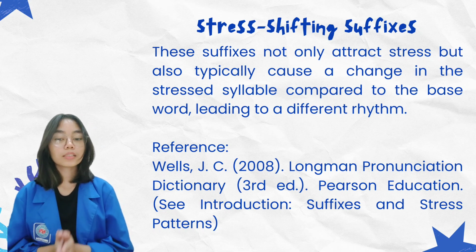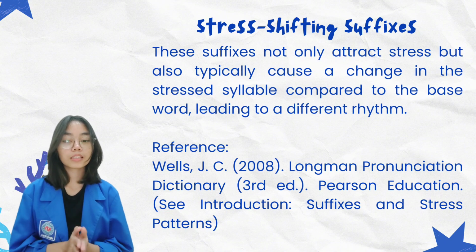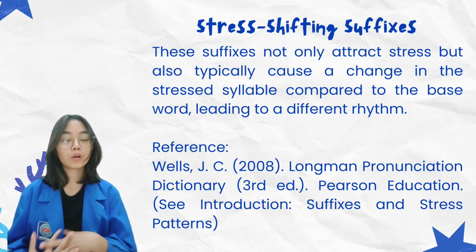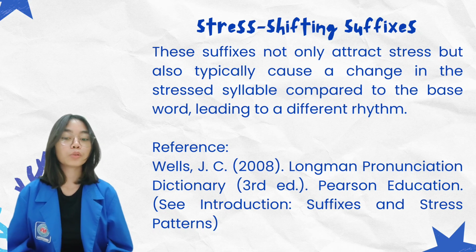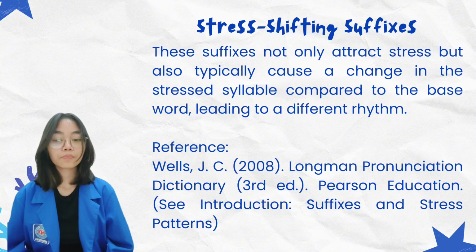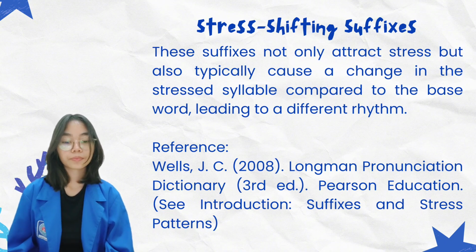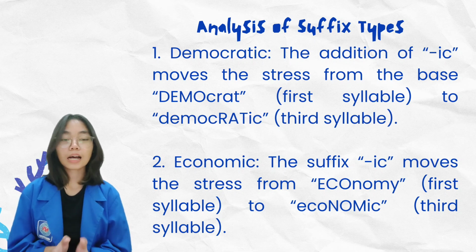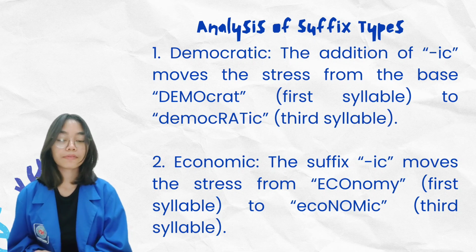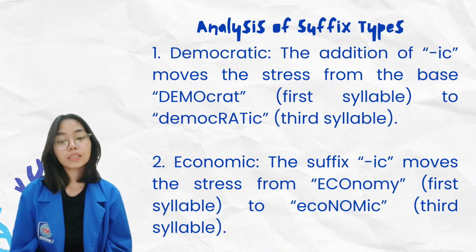Next, there are stress-shifting suffixes. These suffixes not only attract stress but also typically cause a change in the stressed syllable compared to the base word, leading to a different rhythm. This is from Wells. So next is the analysis of suffix types from the story. Number 1, "democratic".